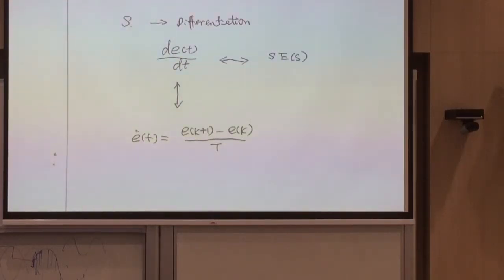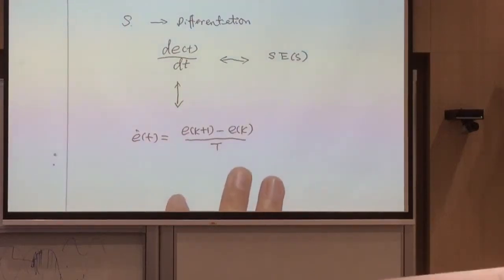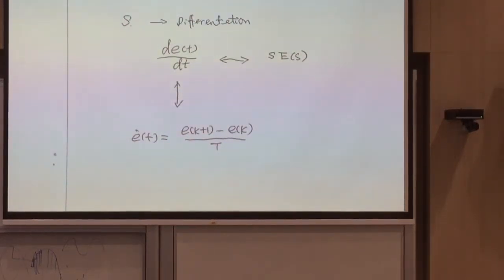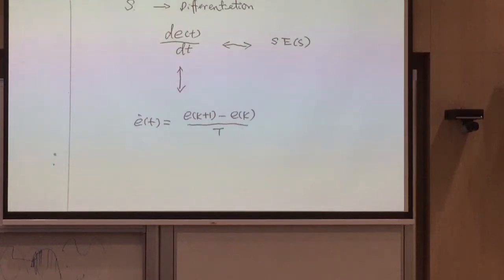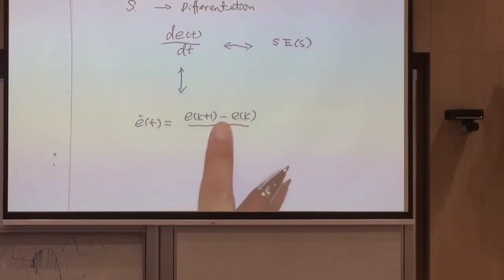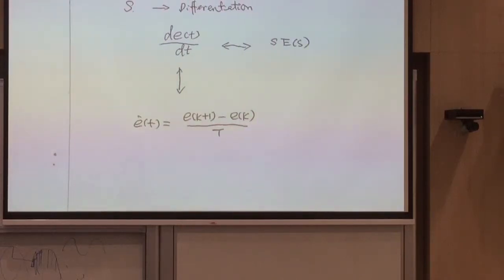This is something we have done before. Yes or no? If no, it means you are absent, either physically or mentally. But I hope at least at the moment everybody agrees with this one. So what does this mean? We use the forward method to approximate the differentiation, right?